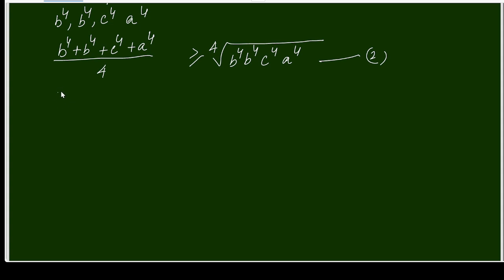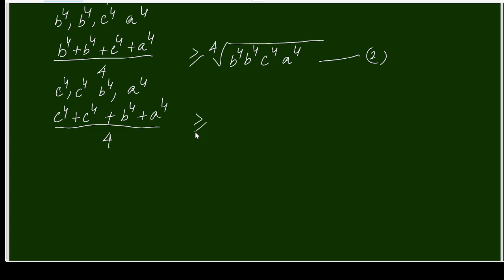You must be guessing: it will be c^4, c^4, b^4, a^4. So (c^4 + c^4 + b^4 + a^4) divided by 4 is greater than or equal to the fourth root of c^4 c^4 a^4 b^4. This is inequality 3.